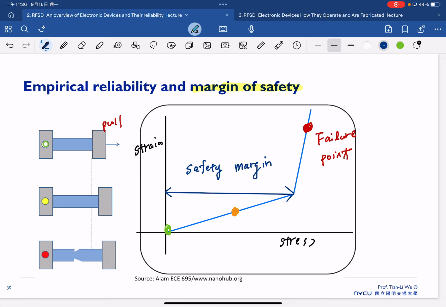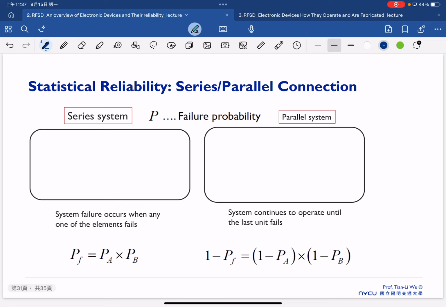So when we talk about statistical reliability, then we have to introduce two concepts, which I believe you have already learned from high school. This is what we call the series system or the parallel connections.